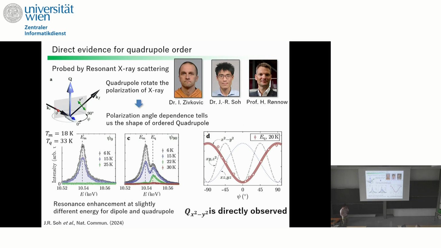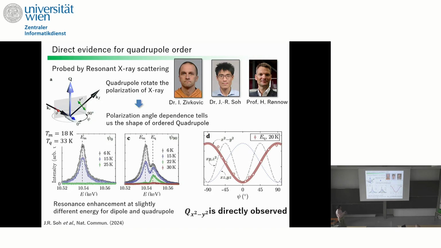And more recently, my colleagues Ivica, Jean-Louis and Henrik performed resonant X-ray scattering. This is more direct evidence for quadrupole order in this compound. The quadrupole will rotate the polarization of incident X-ray.